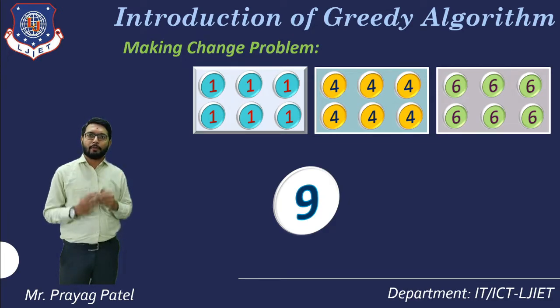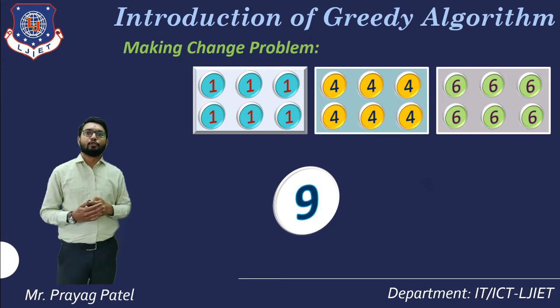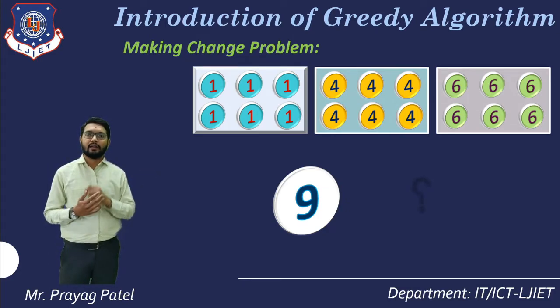You can use the coin of 1s, you can use the coin of 4s, and you can use the coin of 6. But your goal is to find the optimal solution, means consider the minimum number of coins required for change of 9. So our question is how we can find the change of 9 using the coin of 1, coin of 4 and coin of 6.